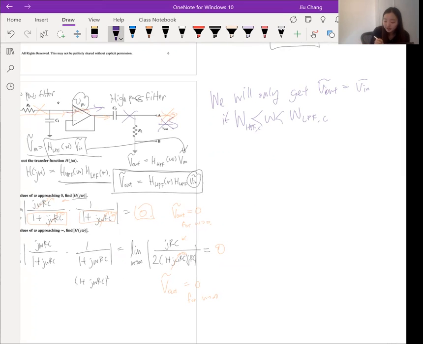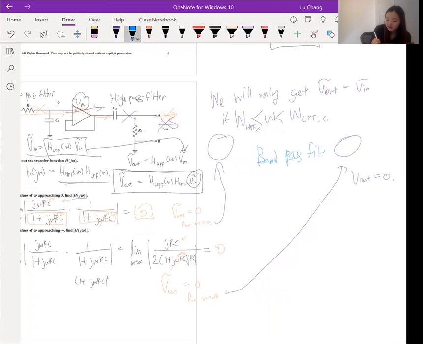So any value less than the cutoff frequency of the high pass or greater than the cutoff frequency of the low pass, mainly when our omega approaches 0 or our omega approaches infinity, will give us 0 voltage. So finally, we call this a bandpass filter.